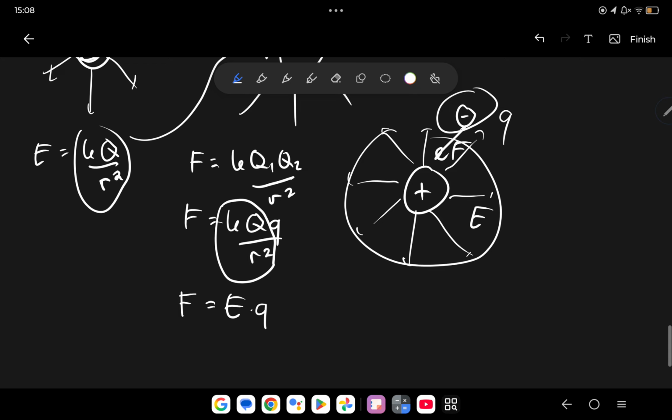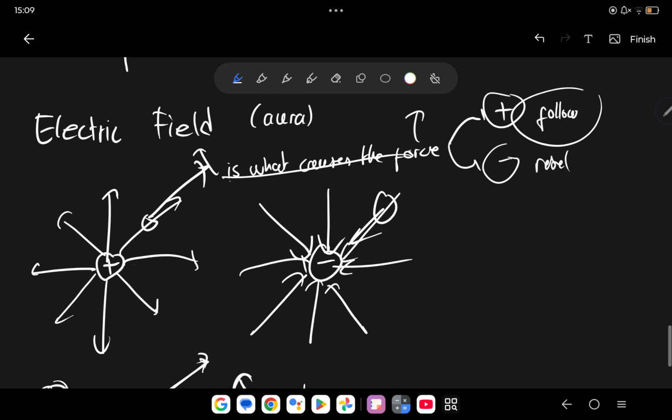That force will equal the electric field of the final boss multiplied by the charge of the chud, if you want to modernize and use slang.